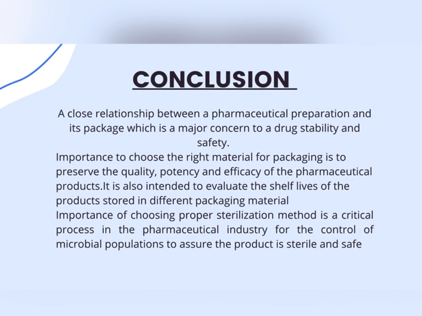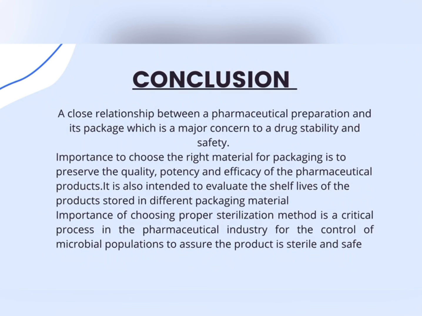So finally, as a conclusion, a close relationship between a pharmaceutical preparation and its package, which is major concern to drug stability and safety. So, as we know, important to choose the right material for packaging is to preserve the quality, potency, and efficiency of the pharmaceutical products.